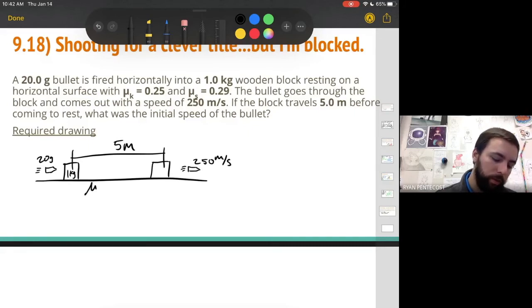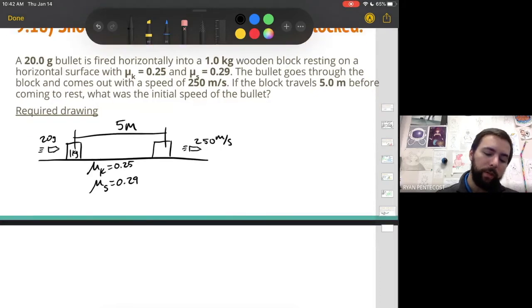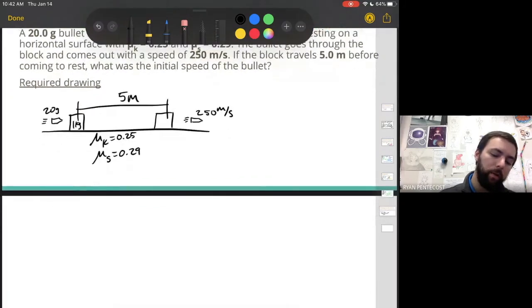The surface also has friction. It's 0.25 for kinetic and 0.29 for static. It's all flat, so no theta. Okay. So what is the initial speed of the bullet? Well, we know the speed of the bullet after. We know the speed of the block before. So this would be a conservation of momentum. So we'll do conservation of momentum.